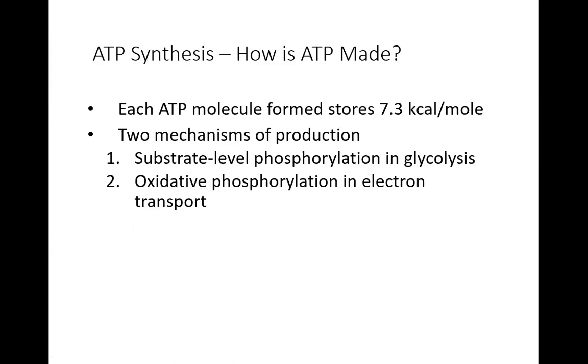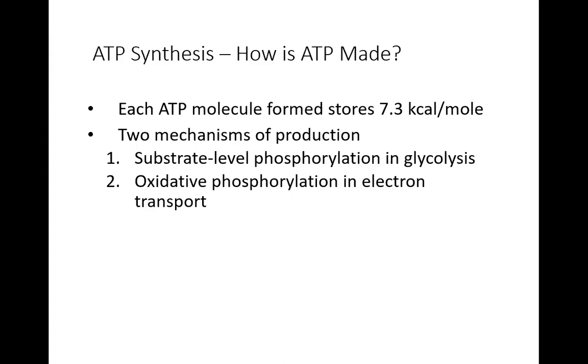When we release the energy from glucose, we form ATP. Every ATP molecule formed contains 7.3 kilocalories of energy. Regardless of how we get there, we're going to make 7.3 kilocalories of energy.